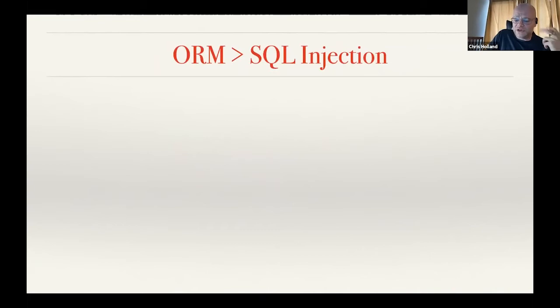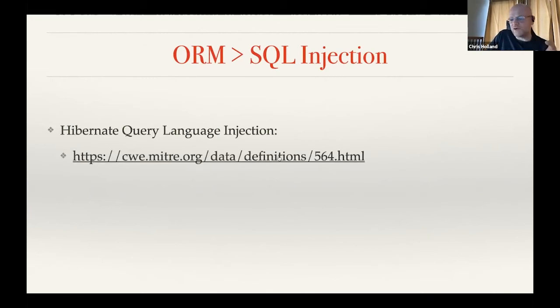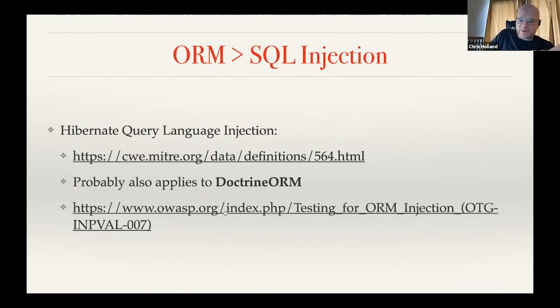On the Java platform a while back, using the Hibernate query language, there was an injection that was found and documented in this incident, so you can read it. In PHP, I've used Doctrine ORM, which follows a lot of the same APIs as Java's Hibernate, so that made me mindful of that. OWASP again has a page dedicated to testing for ORM injection patterns, so make sure you check this out.